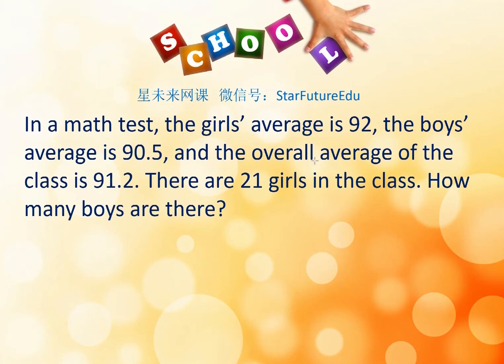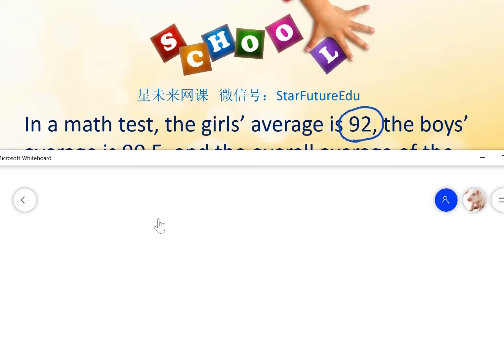Okay. We can see that the average of the girls' score is 92. I will use some bars to represent the girls' scores. As there are 21 girls, there are too many bars to draw.